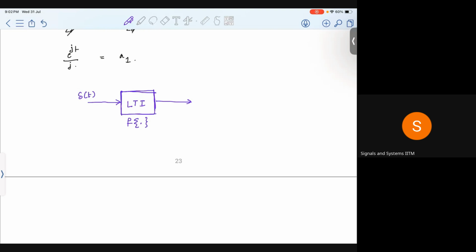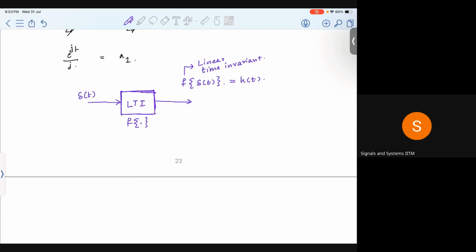So the output is f of del of t. Let me call this h of t. So f of del of t is h of t. F is linear, and it is also time invariant.